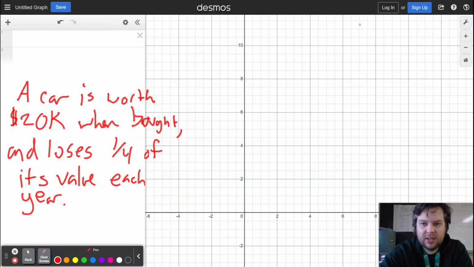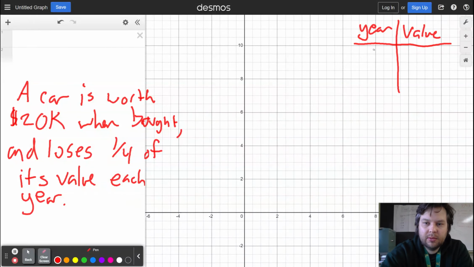So let's make a table where here are the years and here is the value of the car. Please remember that we start at year 0. That means 0 years after I purchased the car. The moment I purchased the car is year 0, $20,000. Then after 1 year, it lost a quarter of $20,000.